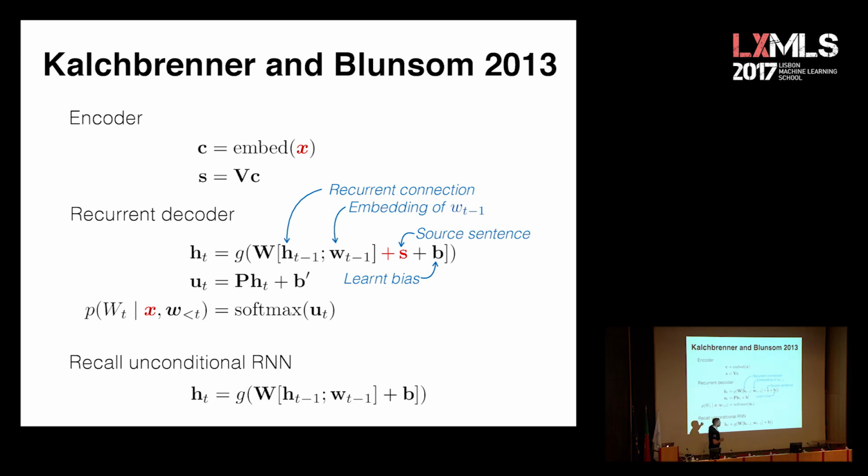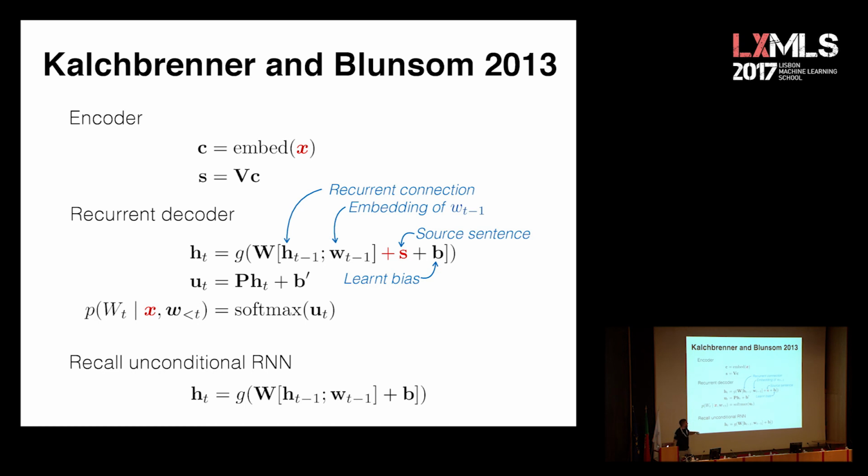They're going to compute a context vector C. And then they had an extra projection there where they created something called S. And then they made a very small change to a recurrent neural network that represented an unconditional language model.